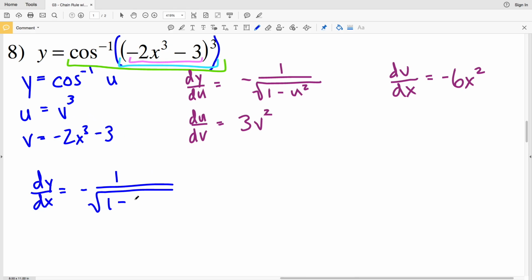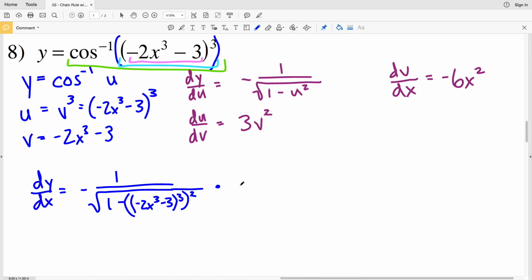So that's going to be, as opposed to u squared, negative 2x cubed minus 3 cubed, and that quantity squared, because this is v cubed, which is u, so u squared. So if you need to, feel free to make a note that v cubed is negative 2x cubed minus 3 cubed. So for u, you're plugging in this entire quantity.